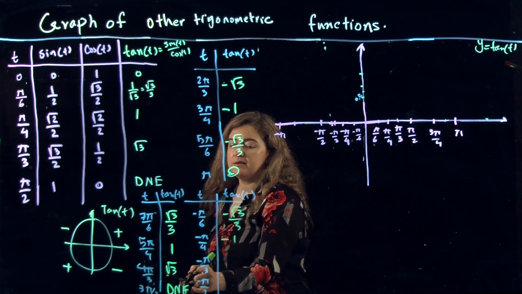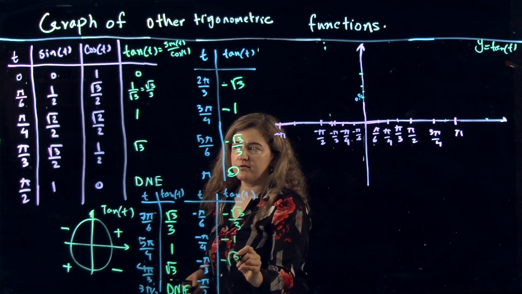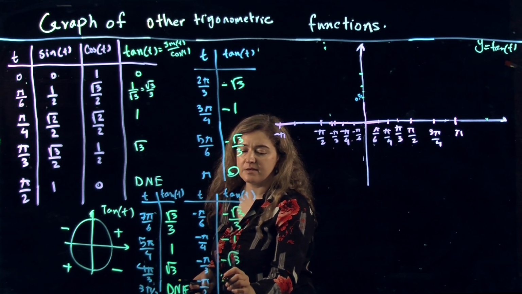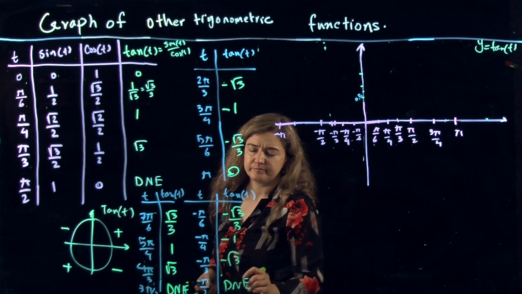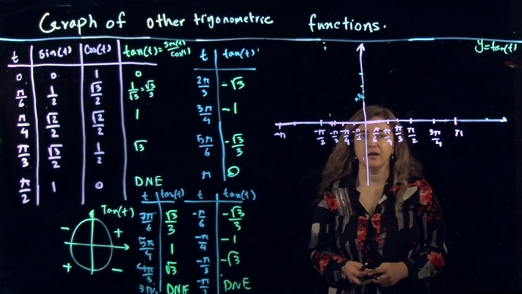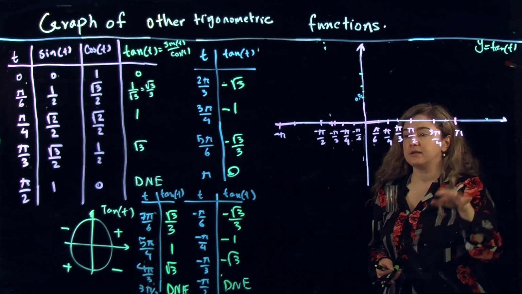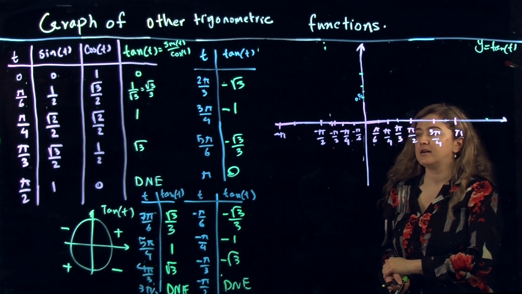Negative 1. This one is negative square root of 3, and this one at negative pi half does not exist again. Okay. So let's try to put these values over here.